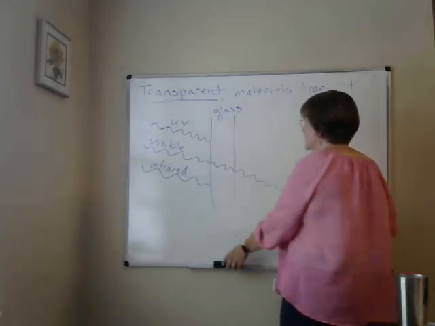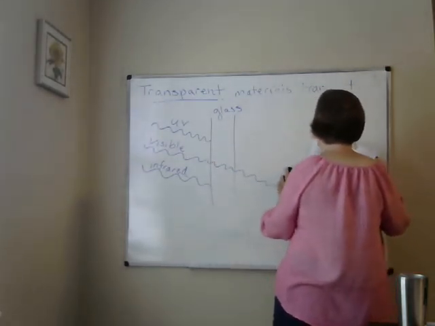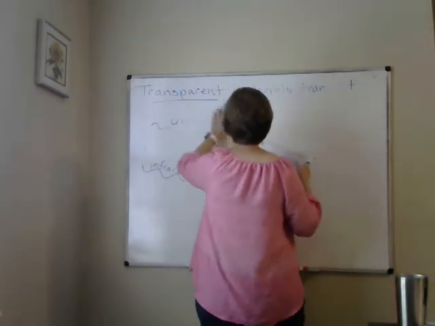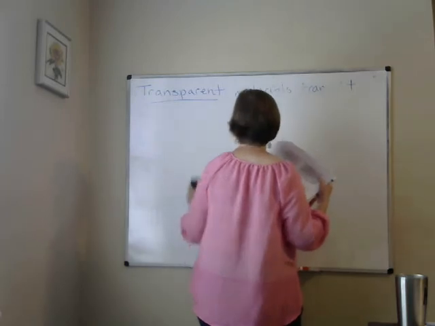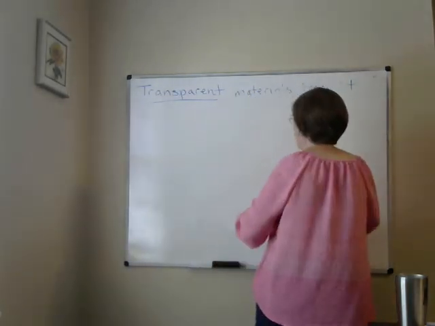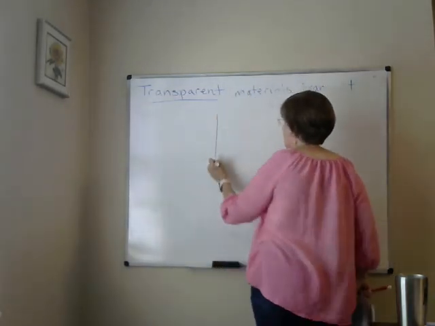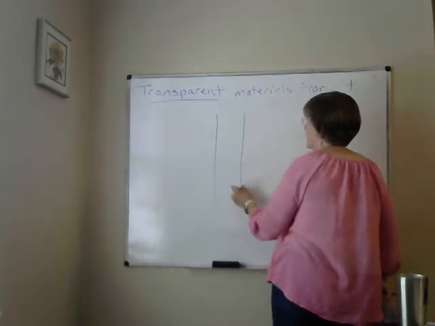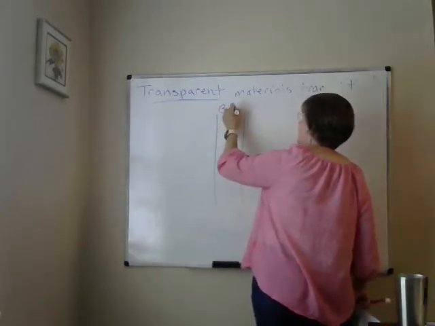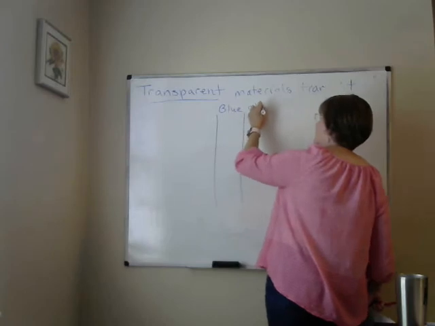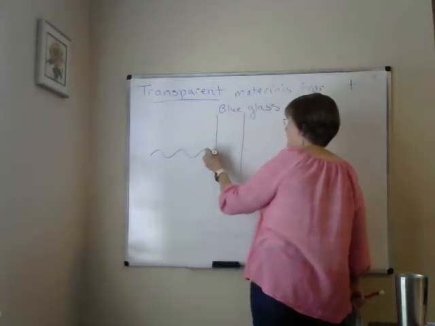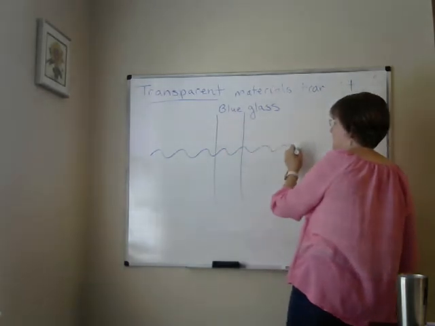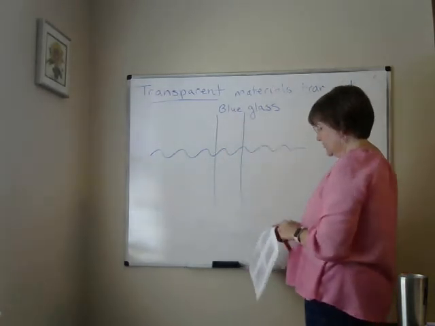This can also be true with different colors of materials. You may find that you've got a piece of glass. If this is blue glass, but transparent, then blue light is going to go right through it. I think I'm skipping ahead to the next chapter.